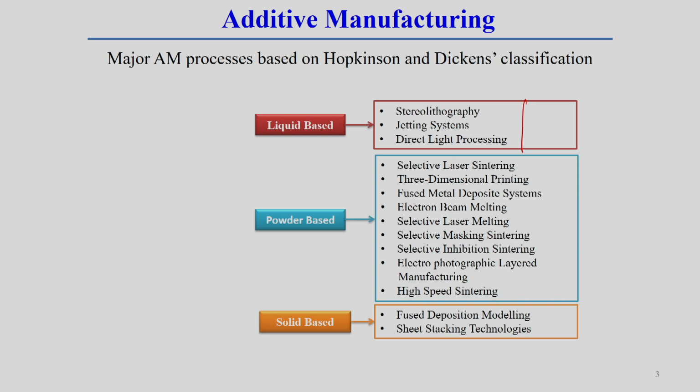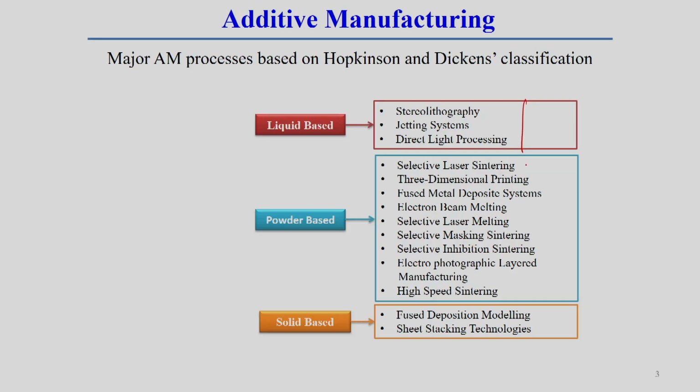This powder can be sintered or fused together with the application of an external heat source. It can be a laser heat source or an electron beam heat source, such that if we place the heat source at a selective position, only that position can be solidified or sintered and create part of the object.